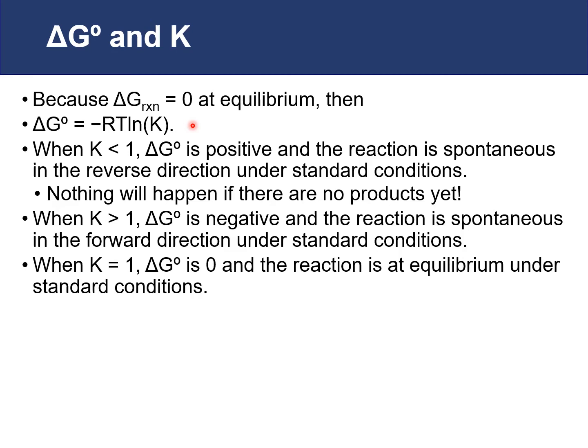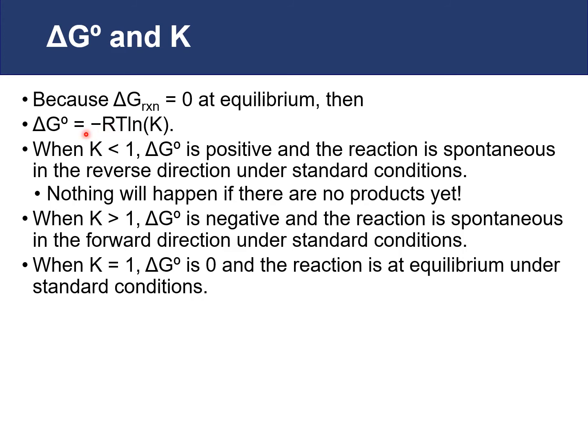If our equilibrium constant is less than 1, we are taking the natural log of a number less than 1, which would be a negative value. So our delta G would be equal to the negative of a negative number. R is a constant, which is positive. T is temperature in Kelvin, which is also always positive.